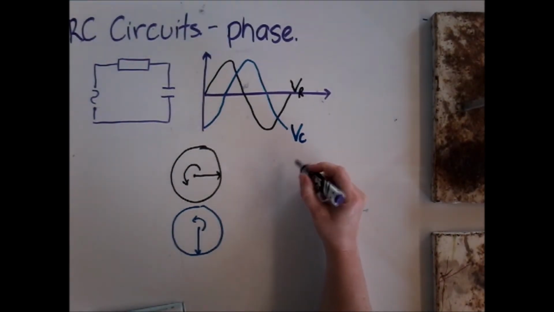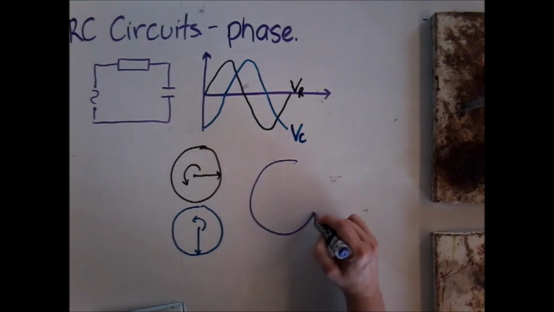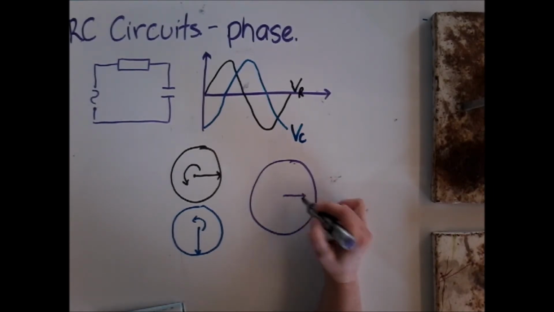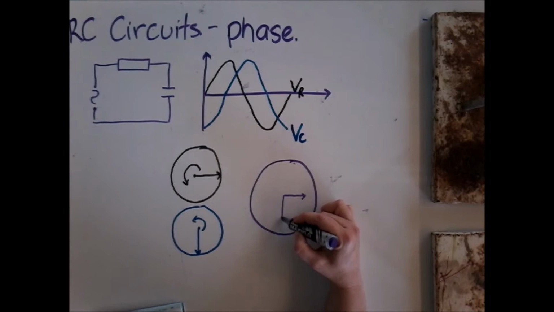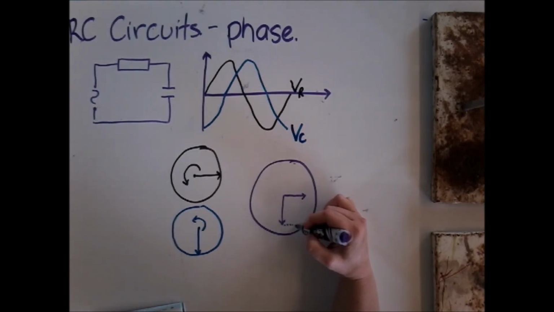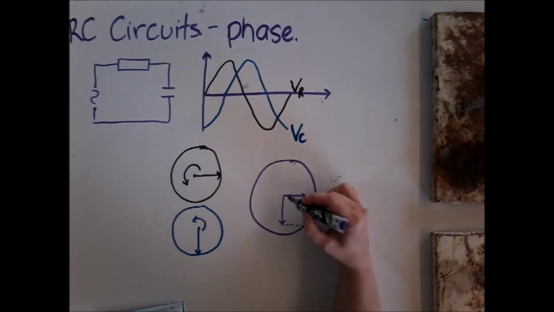And so what we get is at this position here, okay, at this position here, we have some voltage across the resistor, we have some voltage across the capacitor, and what we get is the supply voltage.